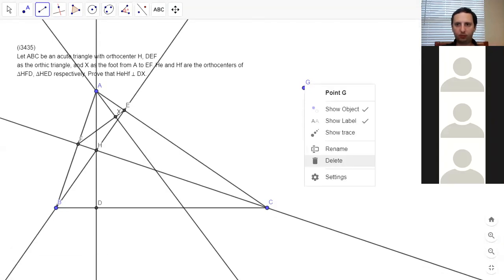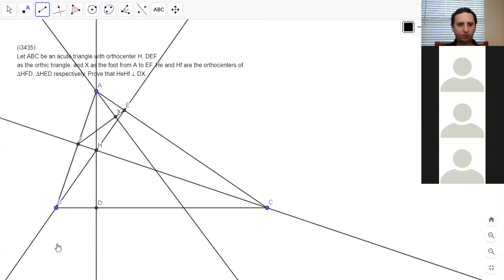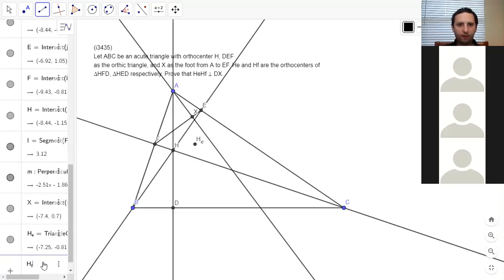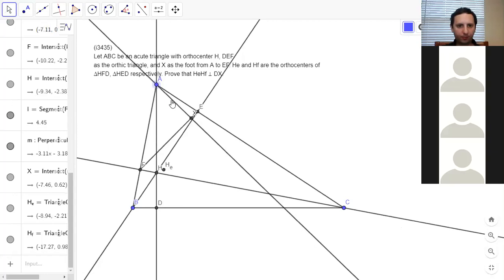I'm going to use this tool. So H_E is equal to H_E, and then H_F is equal to... looks like it's off the screen.